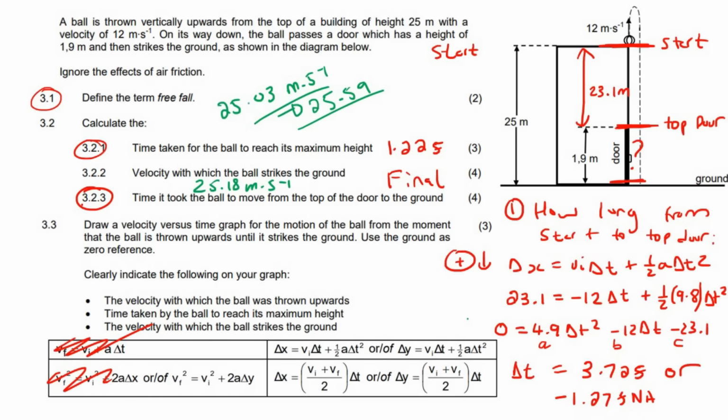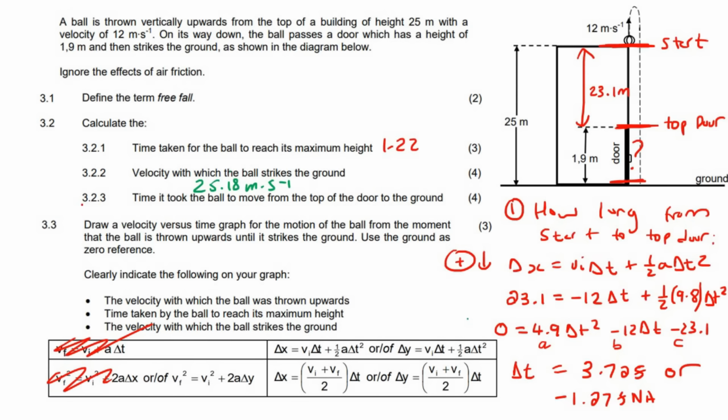So that means that to go all the way from there to there, it takes 3.72 seconds. Now I'm going to see how long it takes to go all the way to the ground, and then I can just minus those two values, and that'll give us how long it took to go from the top of the door to the ground.